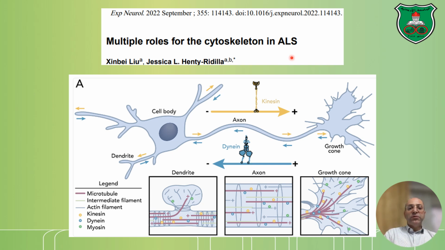And that shows how these cytoskeletal systems are connected to each other and how the three of them are important in the biology of nerve cells, in the normal physiology of the central nervous system.